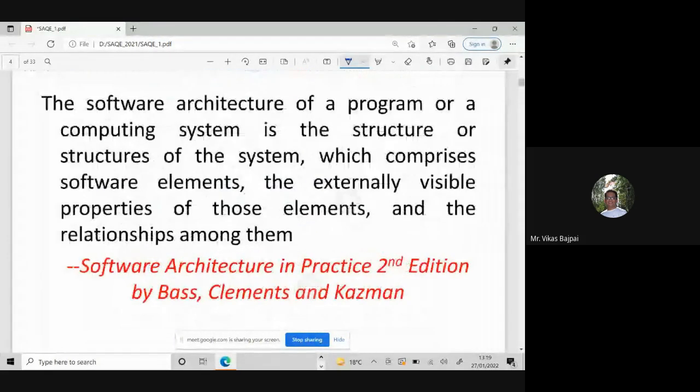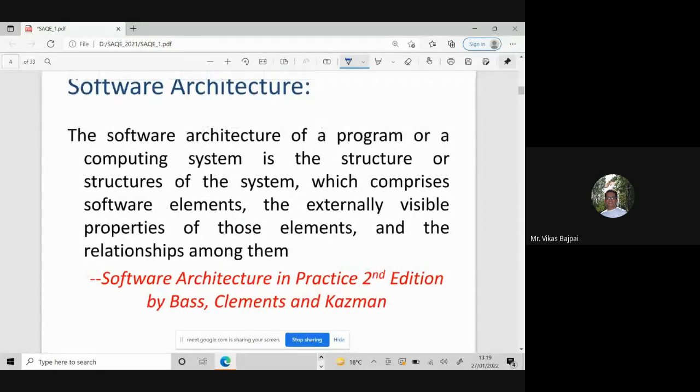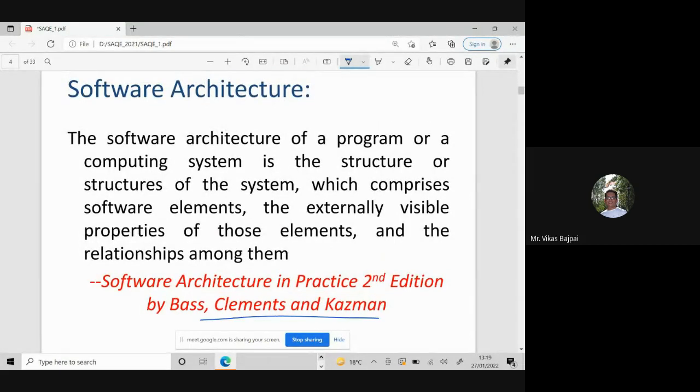Right. So this is a definition from a very popular book, Bass, Clements and Kazman, and we will be using some of the topics from this particular book as well.